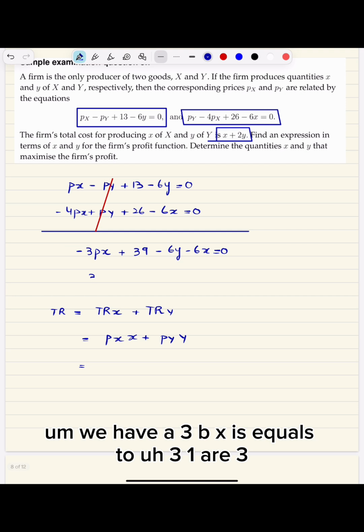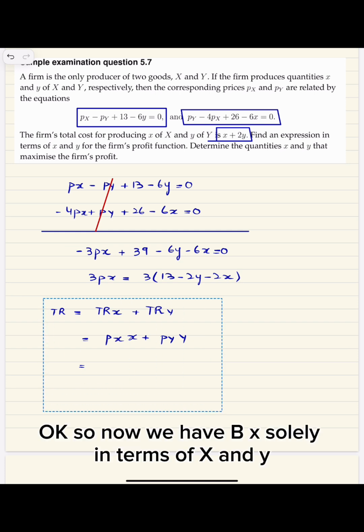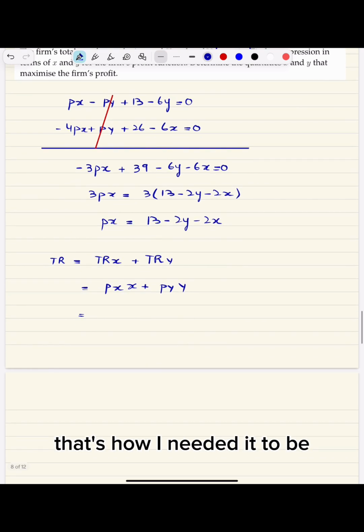We have 3px is equal to, 3 1s are 3, 3s are 9, 3 2s are 6, equals to 0. Okay, so now we have px solely in terms of x and y. That's how I needed it to be.